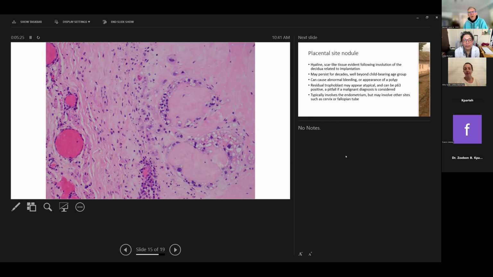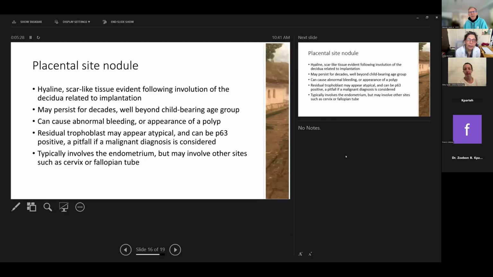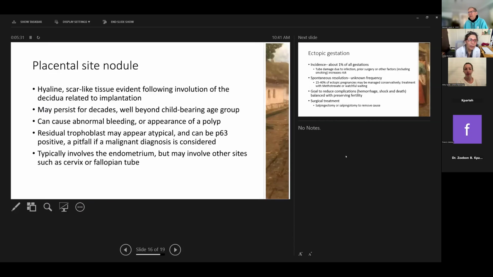So just to summarize, the placental site nodule gives you this scar-like tissue that's left following the involution of the decidua related to implantation, and it can persist in that location in the endometrium, in the myometrium, or in this case, in the fallopian tube for years, maybe decades, and onto and beyond the childbearing age group.